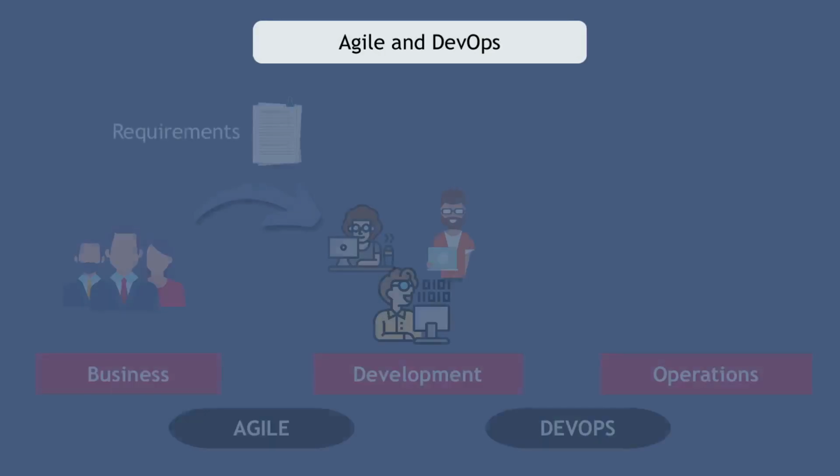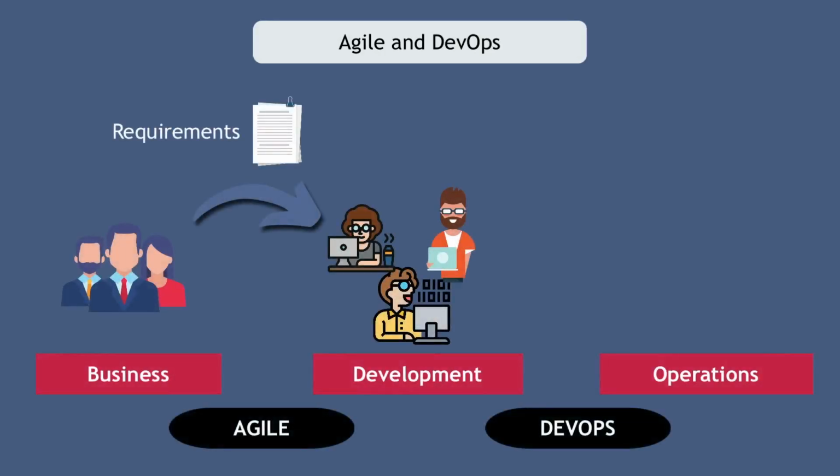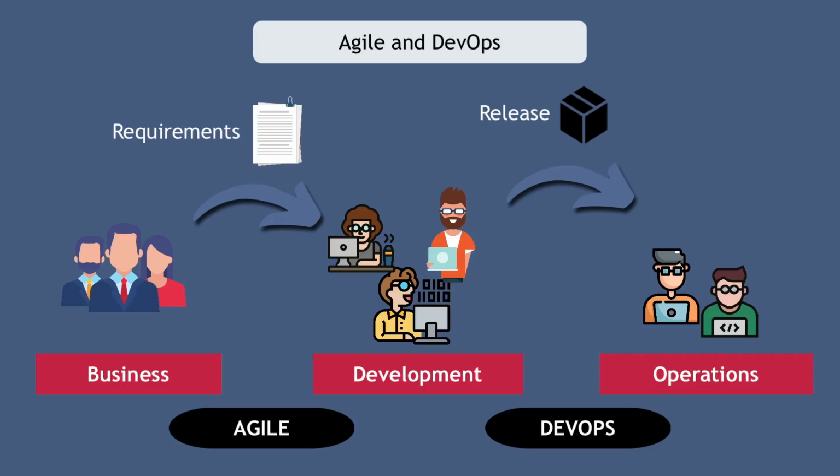And the Agile methodology introduction or adoption in so many companies has actually supported the need for DevOps tasks, because DevOps is actually implementing the best practices, or some of the best practices, that the Agile framework introduces.